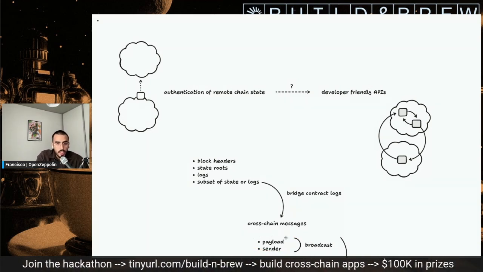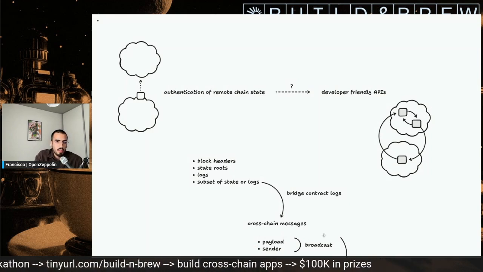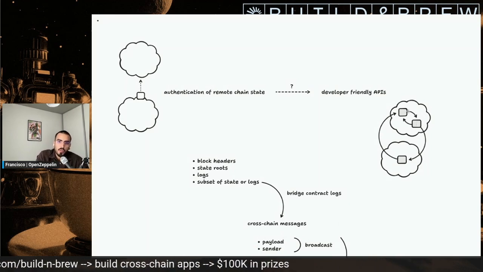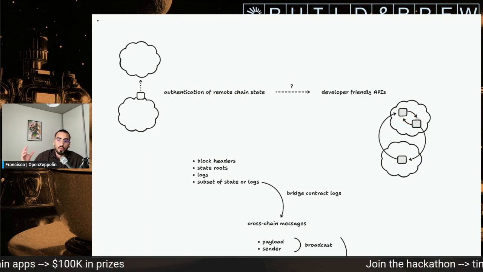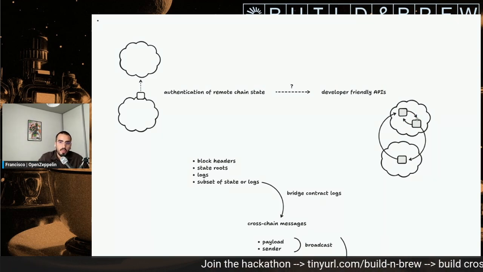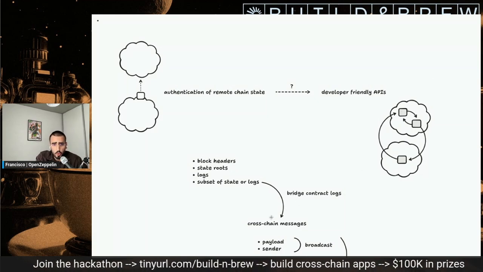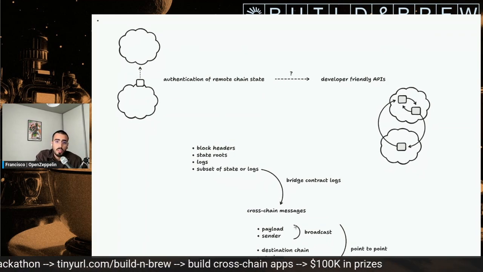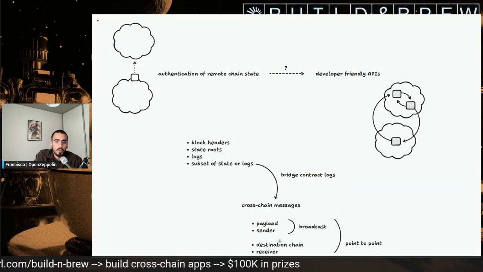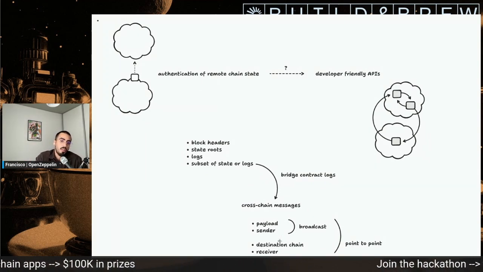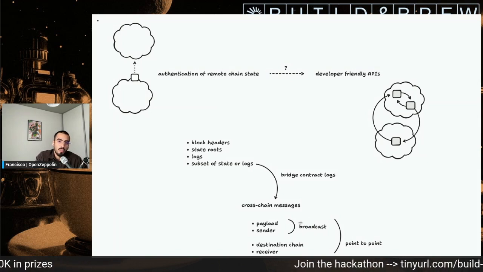But normally, you want something that's a little bit more specific, because what you want to do is replicate the same chain interaction where you interact with a specific receiver, right? You send them a piece of information, you call a message on a specific receiver. So normally, cross-chain messages are going to have two more parameters, which are the destination, the chain where you're going, and the receiver of the message that you intend.